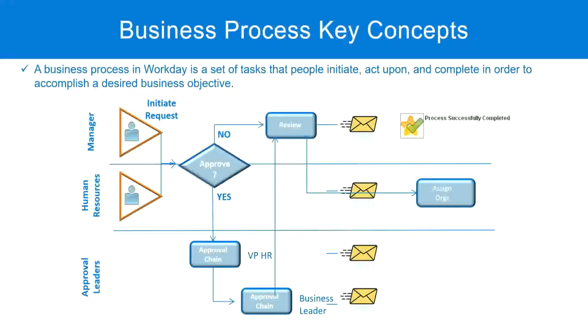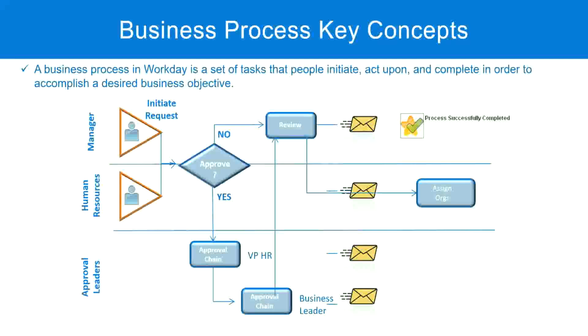Then it goes for approval. If it is not approved, then it goes to review and then done. It's ended. If it is approved, yes, it goes to the approval chain. To whom? It goes to some higher up leaders. Like for approval chain, it goes to VPHR.